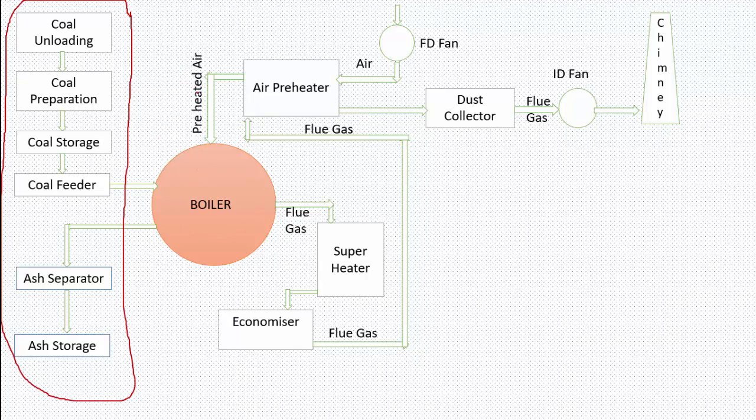That atmospheric air is forced into the air preheater by means of an FD fan, that is forced draft fan. This FD fan forces the atmospheric air into the air preheater. This air preheater gives some amount of heat to the atmospheric air, and this preheated air will be supplied into the boiler. This is the feed air circuit.